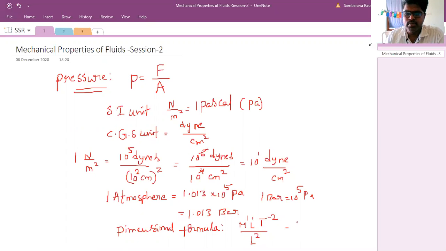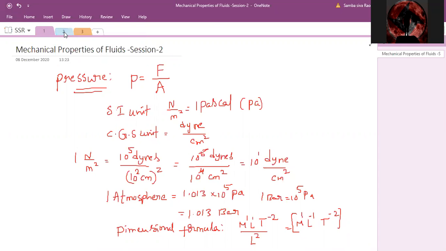So M power 1 L1 divided by L2 gives L power minus 1, because 1 minus 2 is minus 1, and T minus 2. So the dimensional formula for pressure is M power 1 L power minus 1 T power minus 2. Are you clear up to this? Yes, sir. Very good.